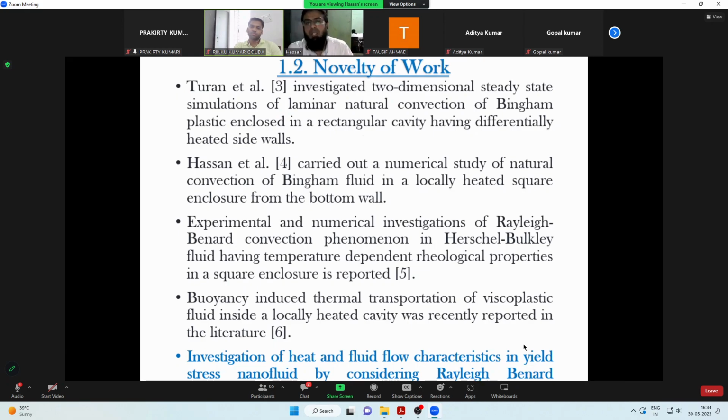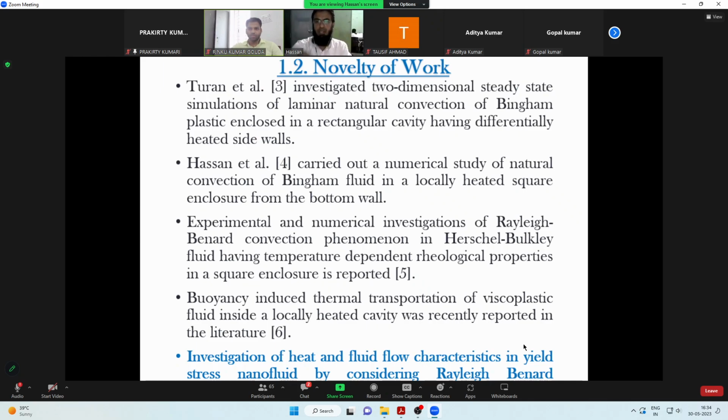A couple of students under me have also carried out computational as well as experimental investigation on locally heated Bingham fluid when they are heated from the bottom locally. Okay, experimental and numerical investigation of Rayleigh-Bénard convection has been carried out by some of the investigators.